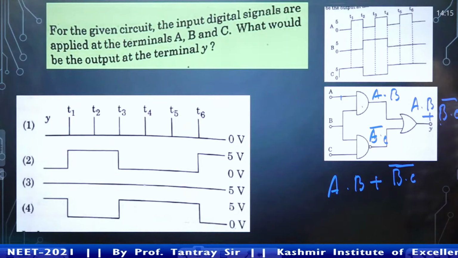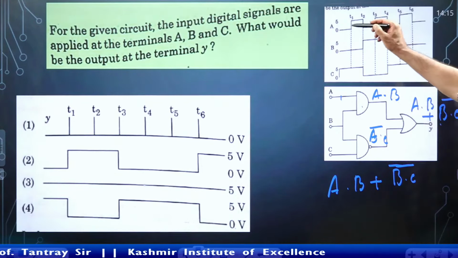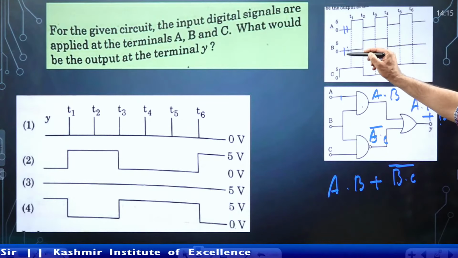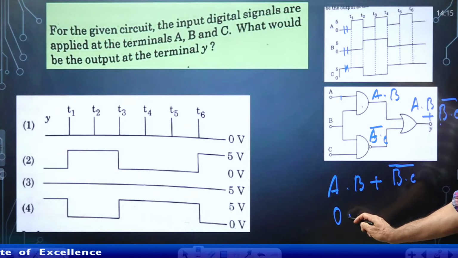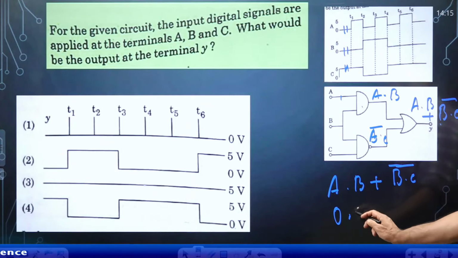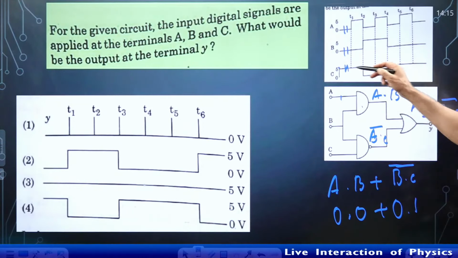Now, what is A here, B here, C here? So A is 0, B is also 0, B is 0, C is 1, because it is higher voltage 1.